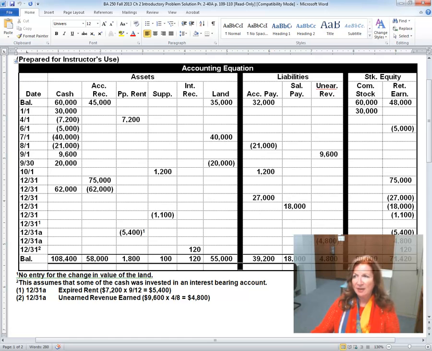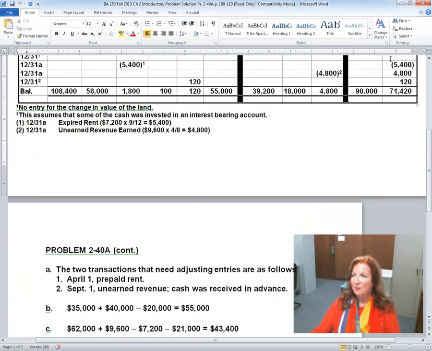So we have $4,800 of unrecognized revenue that goes down because we can recognize it now and it is earned. And then we have $4,800 of recognized revenue. I'm going to pull that up so you can see it. $4,800 of revenue that we've earned for those 4 months, and $4,800 of our unearned revenues are going down. Our obligation is less by 4 months' worth of earnings.